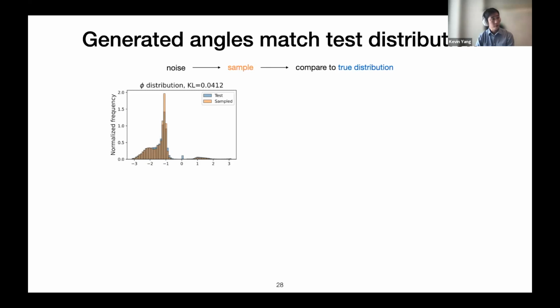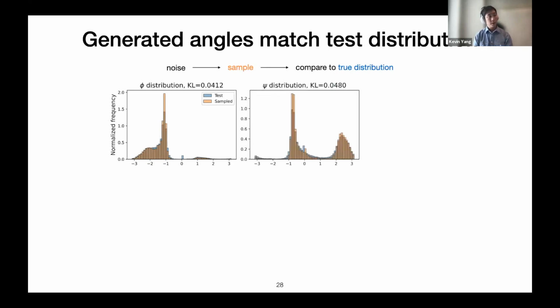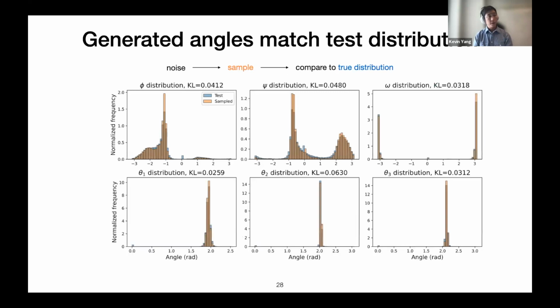So for phi, we can see visually we match pretty well. The KL divergence is pretty low. Same for psi and omega and all the thetas. So that's a good sign that our generated distributions match the natural distribution for the individual angles.